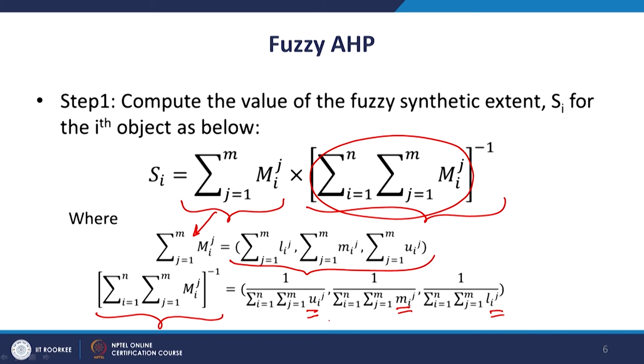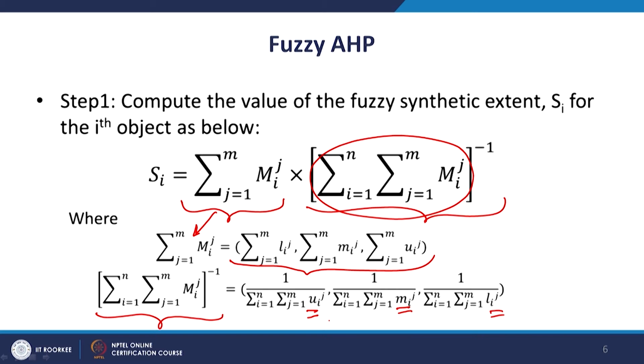So, how the algebraic part is expressed, we have already discussed. With all these summations also, it is going to be expressed in a similar fashion, because as you remember, we are familiar with fuzzy addition and fuzzy multiplication.